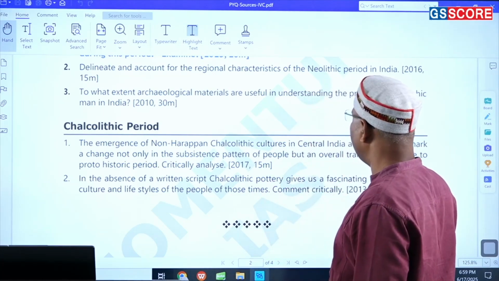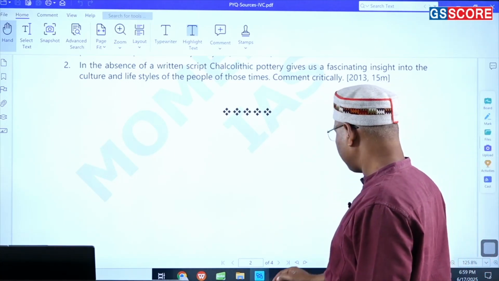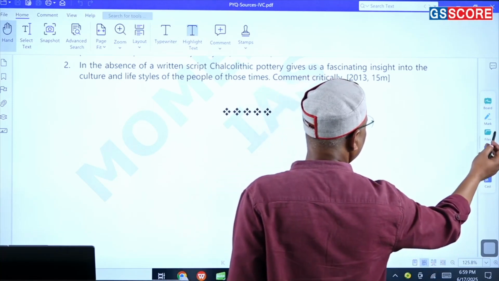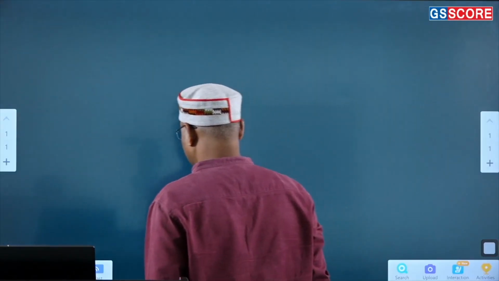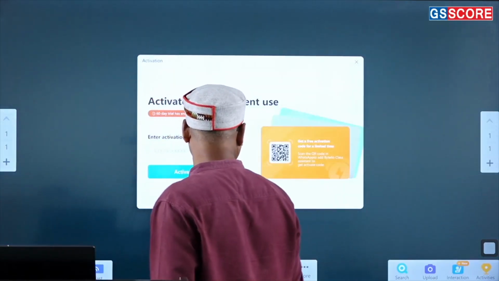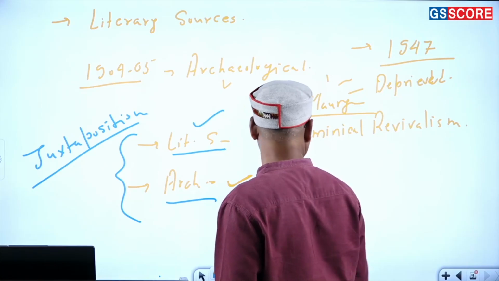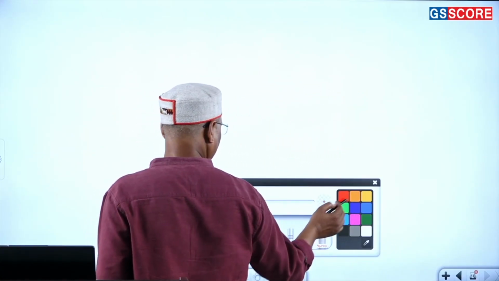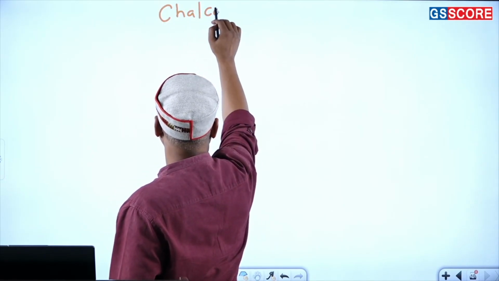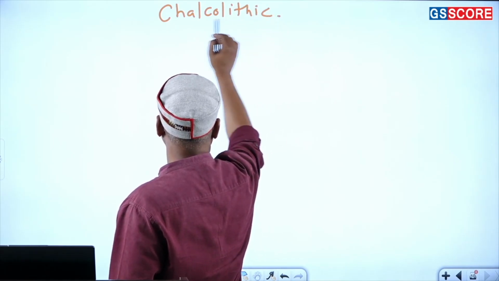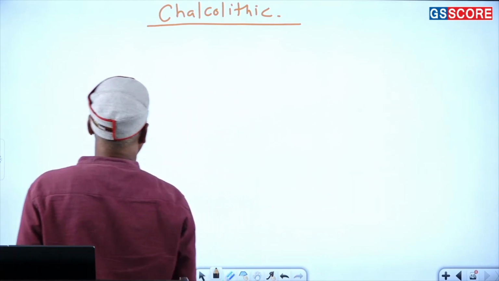So when it comes to Chalcolithic, again I would like to give you some basic idea of the Chalcolithic, because that basic understanding can help you. Okay, fine. So when it comes to Chalcolithic, you should understand it with respect to a couple of words.